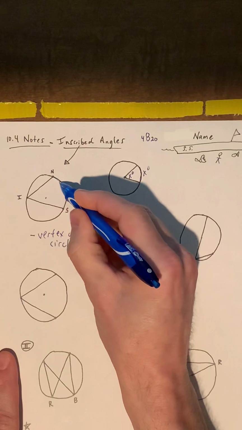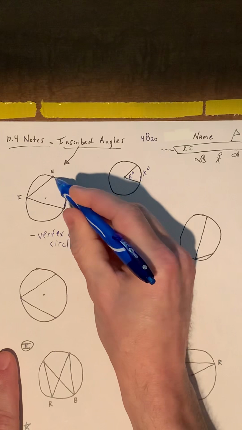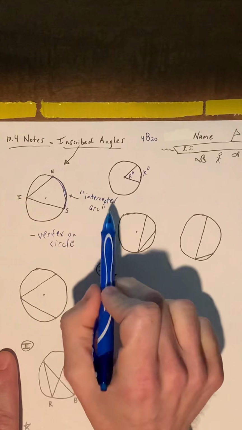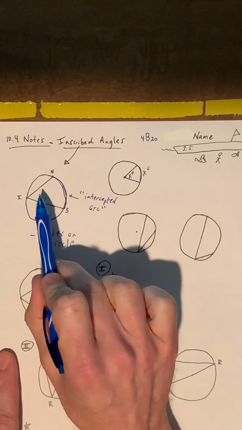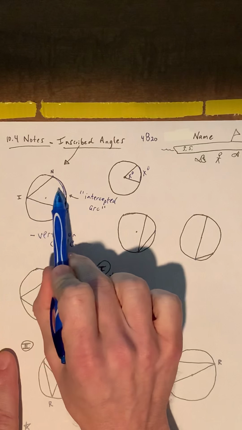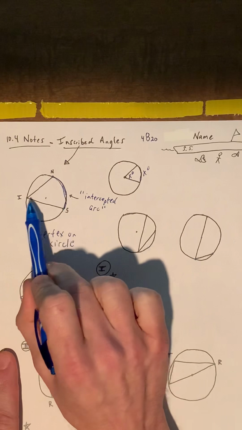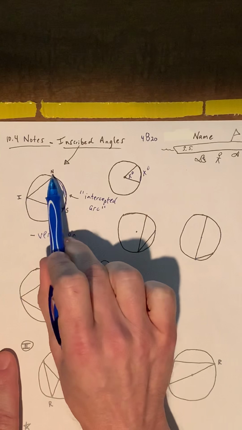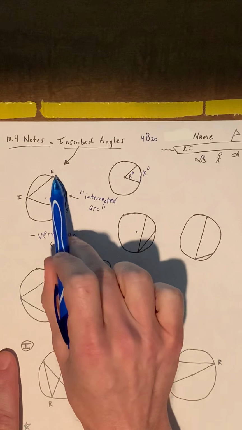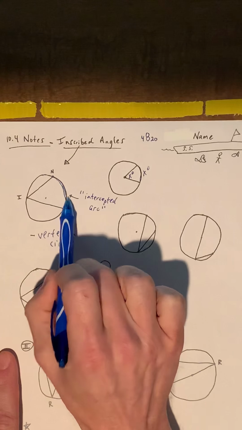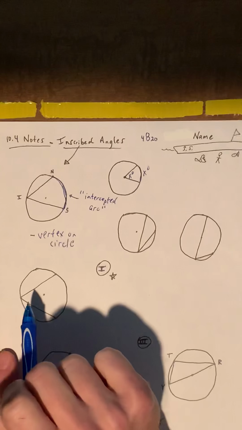And that would be this arc NS right here for this inscribed angle I. So basically the intercepted arc simply is the arc that is opposite the inscribed angle. You have two sides of the angle that hit at points N and S. The arc between them on the interior of the angle is the intercepted arc.